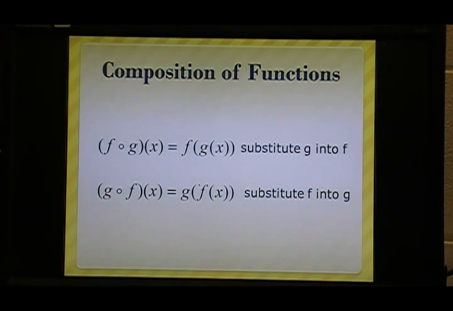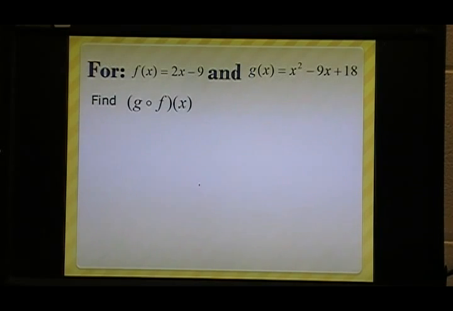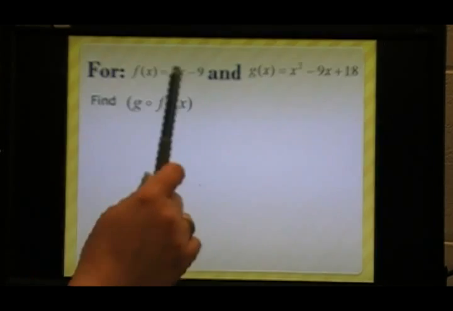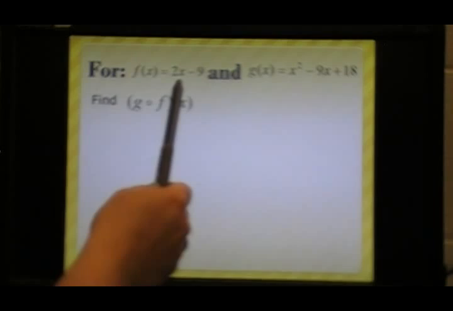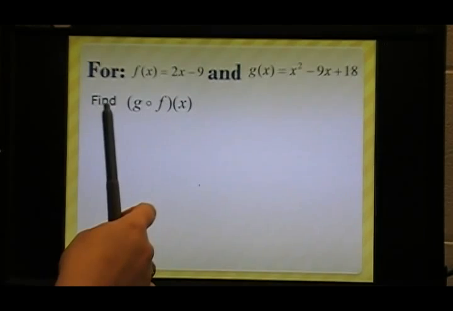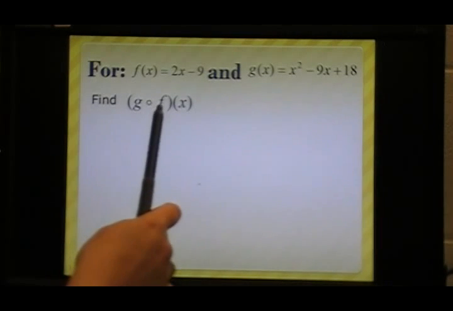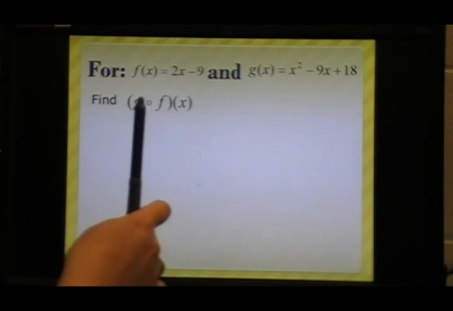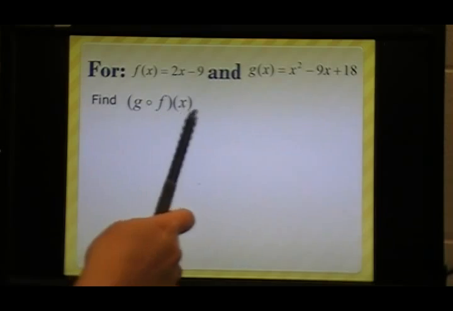They are different. So, first example, for f of x equals 2x minus 9 and g of x equals x squared minus 9x plus 18, we want to find g composed of f, or we want to find g of f of x.